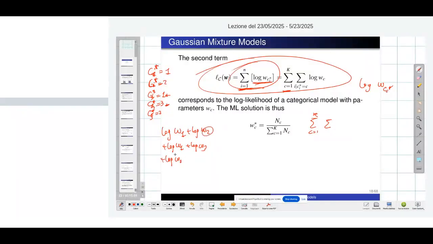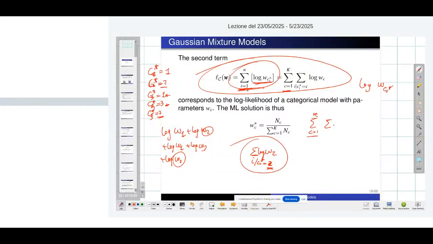So each weight will appear how many times? Weight 2 will appear a number of times equal to the number of samples that have been assigned to cluster 2. So I sum log of W2 a number of times equal to the number of samples assigned to cluster 2.